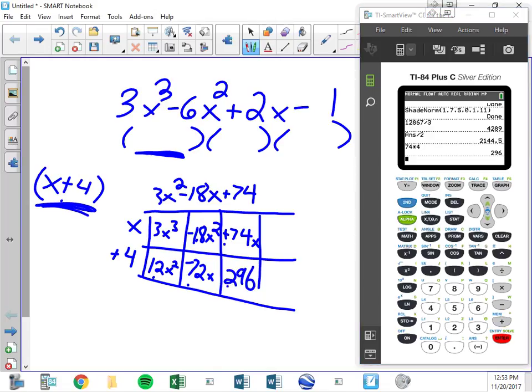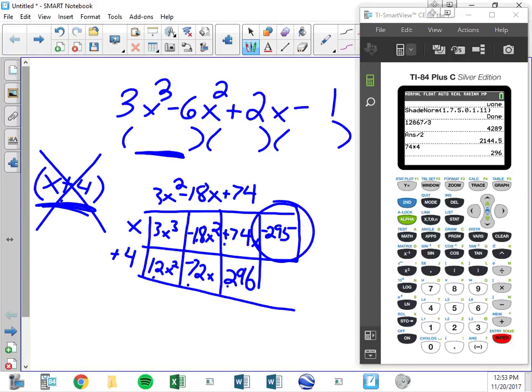And 296 and this box need to add up to be negative 1. So negative 295. Did that go in evenly? No, because I got a remainder. So this does not belong. Now, sometimes we can use an easier division.